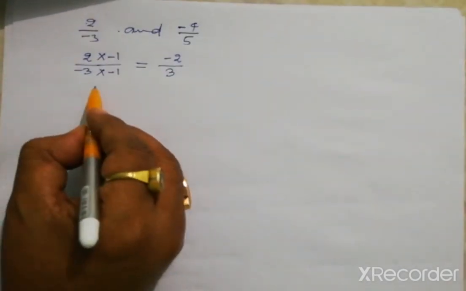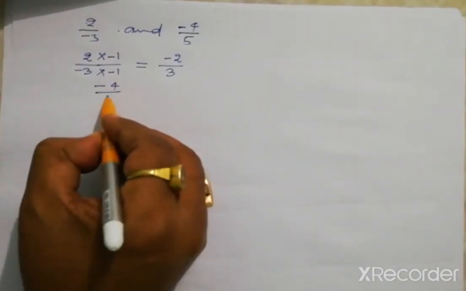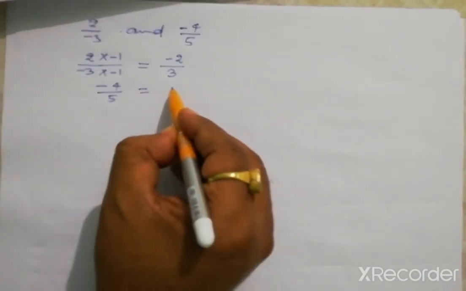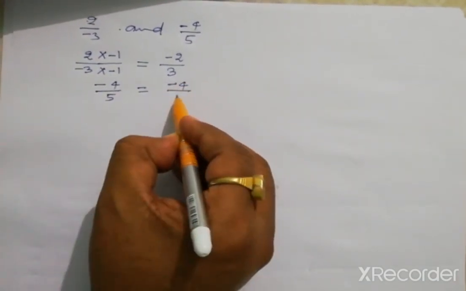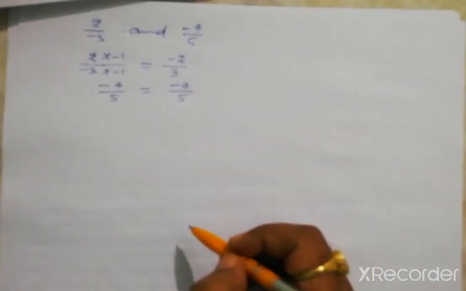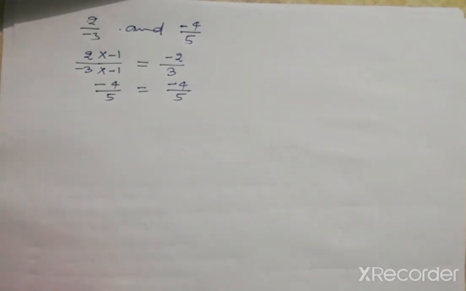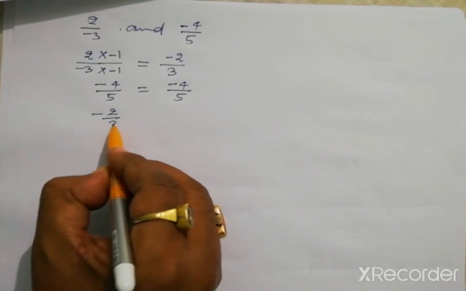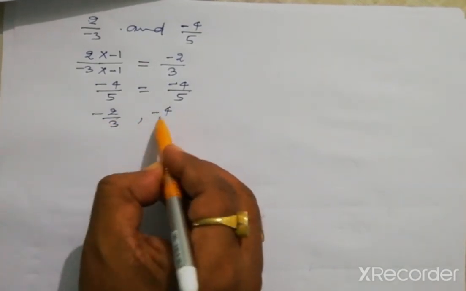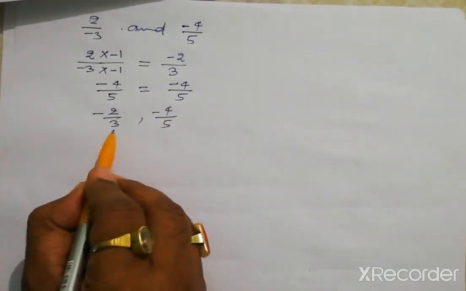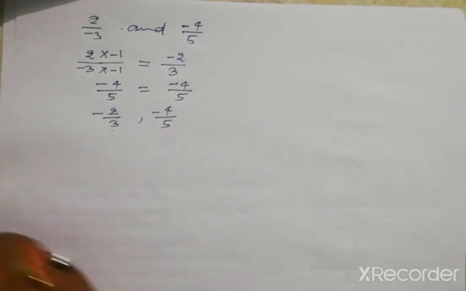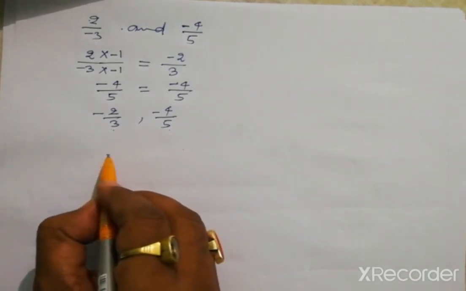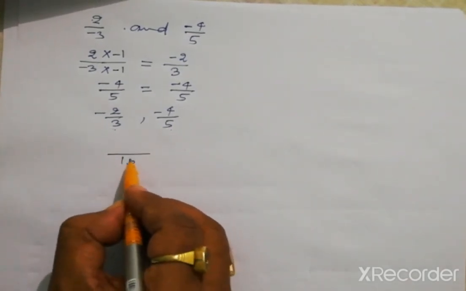Minus 4 by 5 is already in converted form. This is first point. Second point, in minus 2 by 3 and minus 4 by 5, you see the denominators and you find their LCM. LCM is 15.